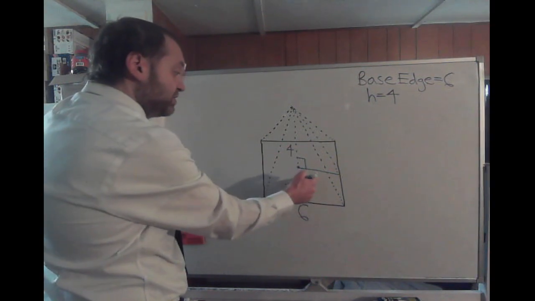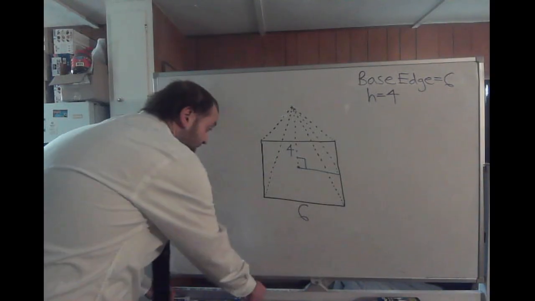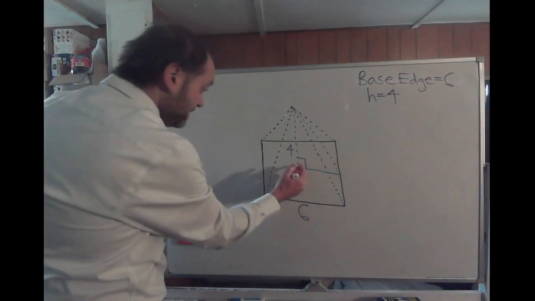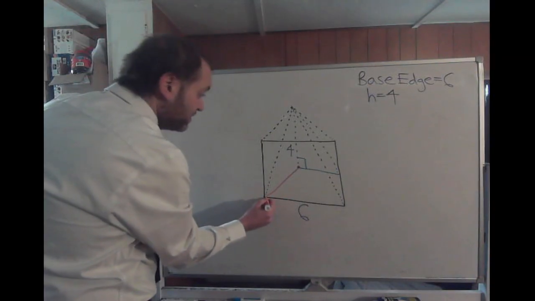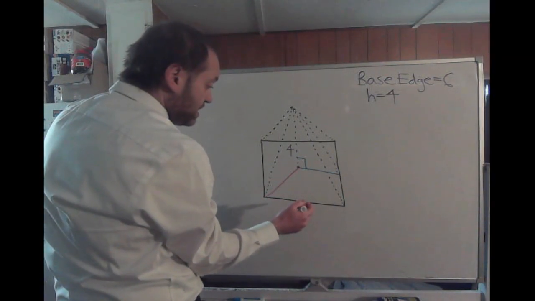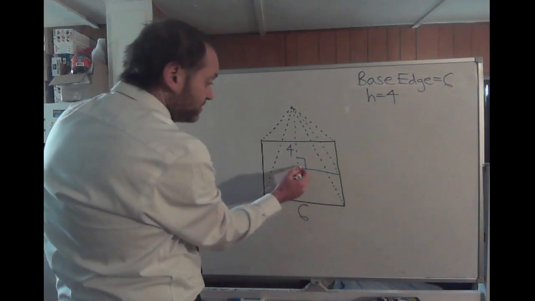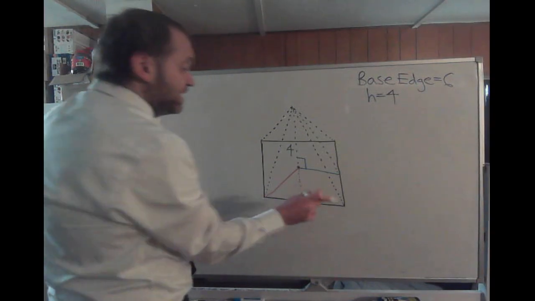Before we can even solve for that, what we need to do is try to find also the radius of this square. And then, of course, the apothem goes from the center to the midpoint of the opposite side.